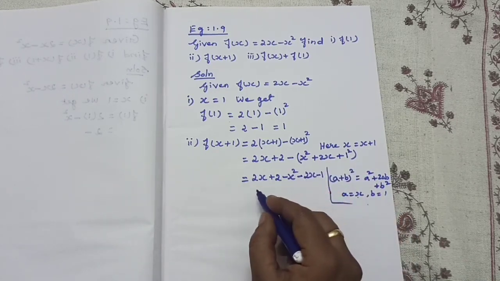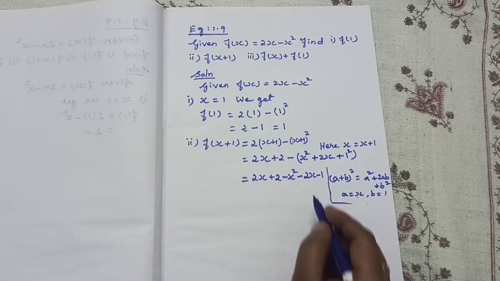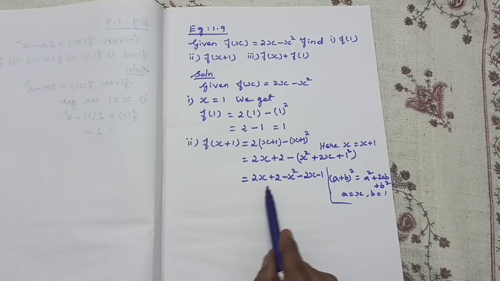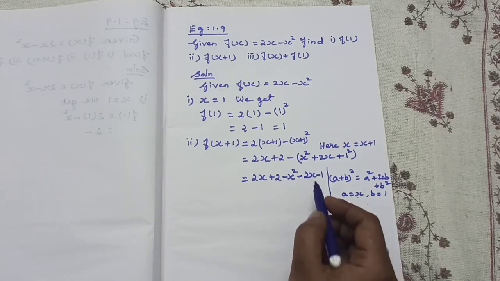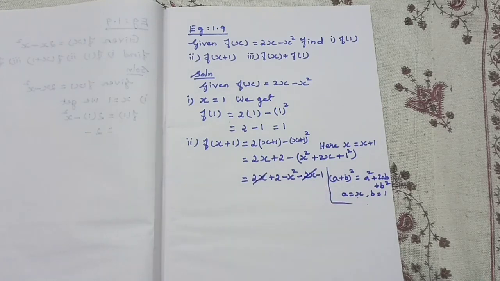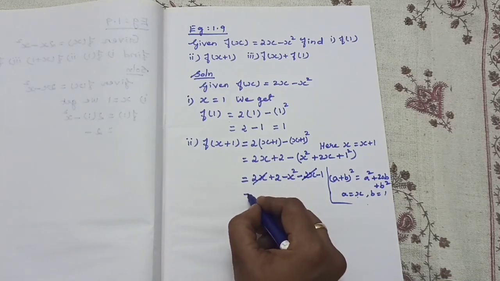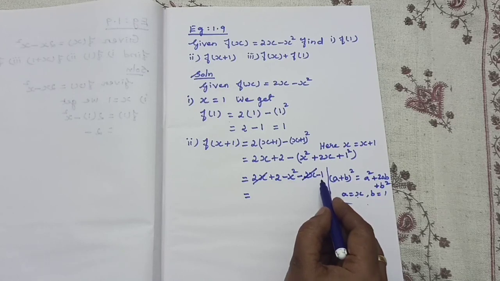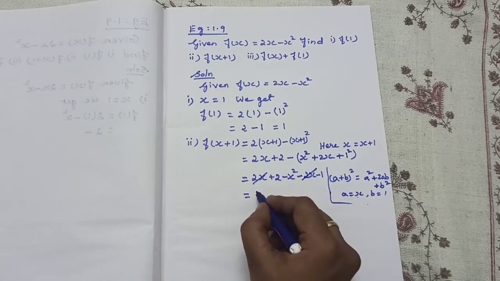Then shall we add this on like terms? You have to add or subtract. What are the like terms here? Here 2x is there. Here minus 2x is there. So, you have to cancel this. 2x minus 2x is 0. Isn't it? Then, remember what is given? 2 minus 1. 2 minus 1 is 1.